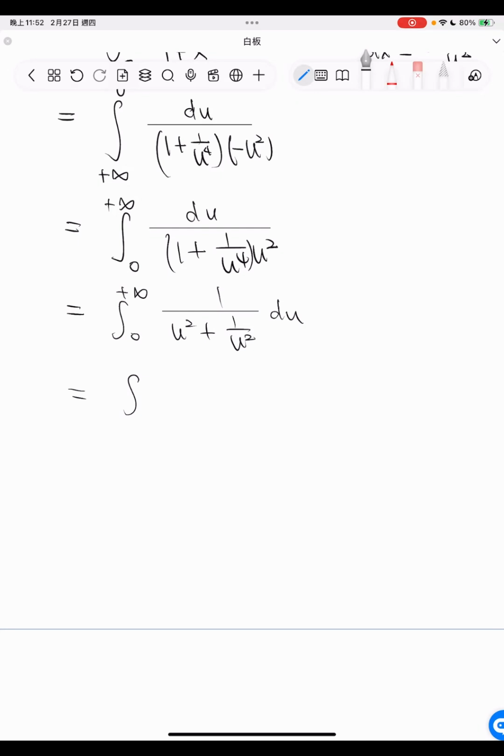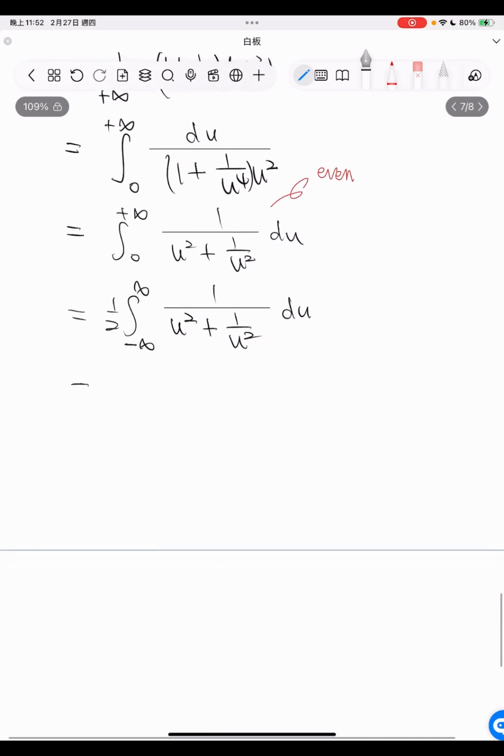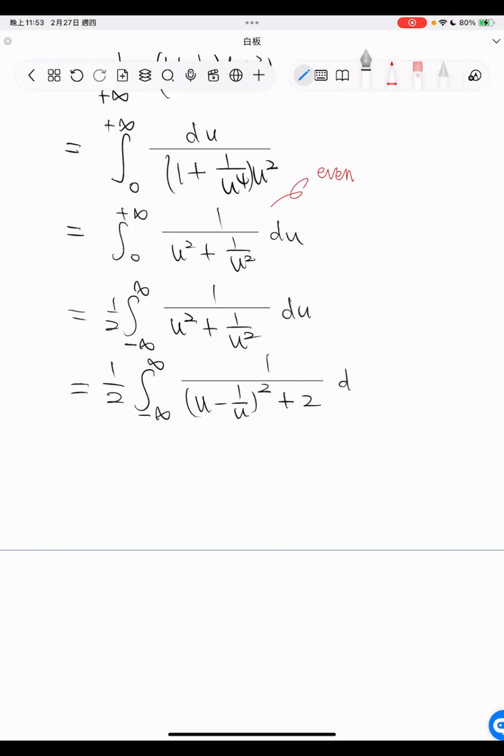Because it is an even function, the integral is equal to one half times the integral from minus infinity to infinity of 1 over u squared plus 1 over u squared du. And this is equal to one half times the integral from minus infinity to infinity of 1 over (u minus 1 over u) squared plus 2 du, where we subtract and add 2.